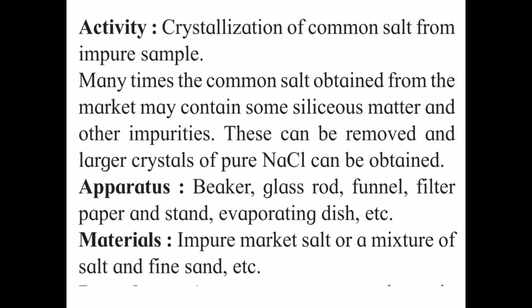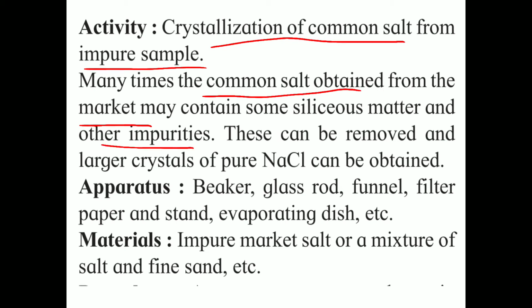Now we have studied one activity, that is crystallization of common salt from an impure sample. Many times it is found that the common salt which we obtain from the market contains various types of impurities. To remove these impurities, we have to use the process of crystallization.